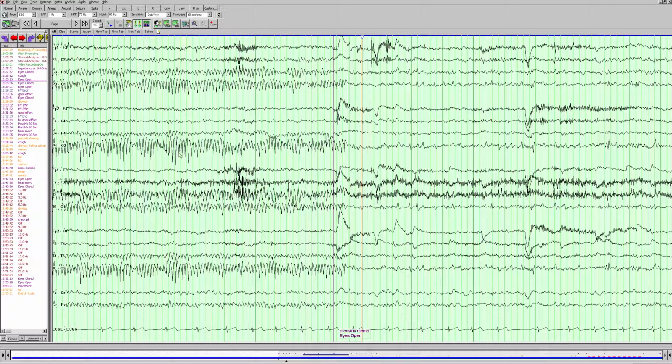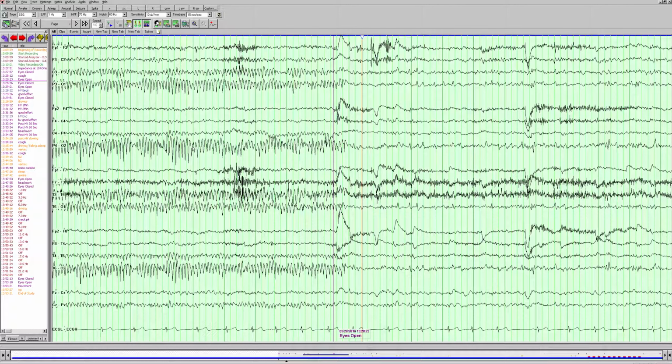So this would have to be double the amplitude of this in order for us to say that it's clinically significant. Other than that, in terms of the symmetry, we just want to make sure that the morphology, the frequency, and the amplitude are the same between the sides.